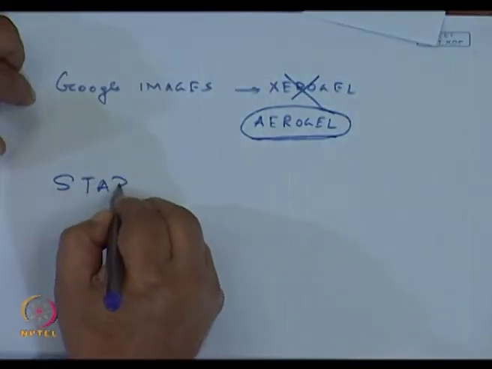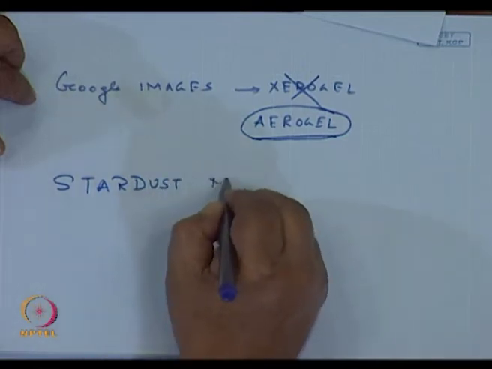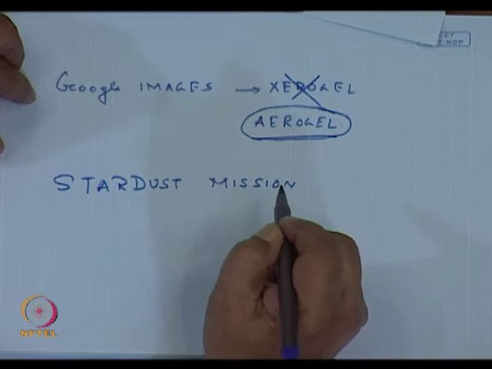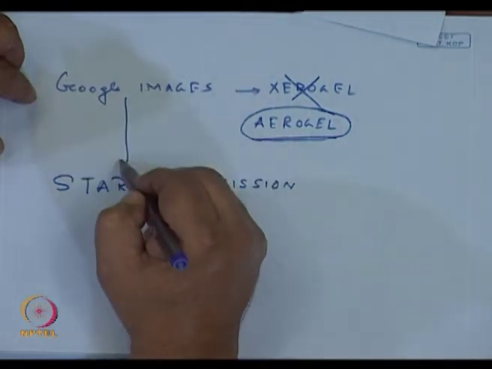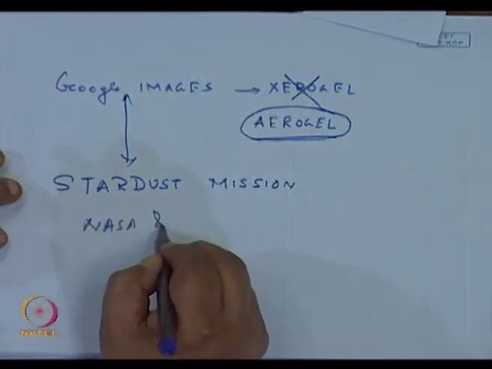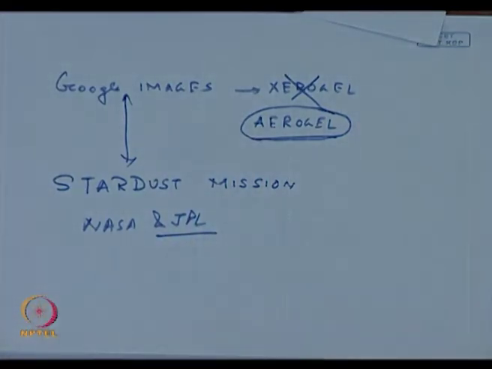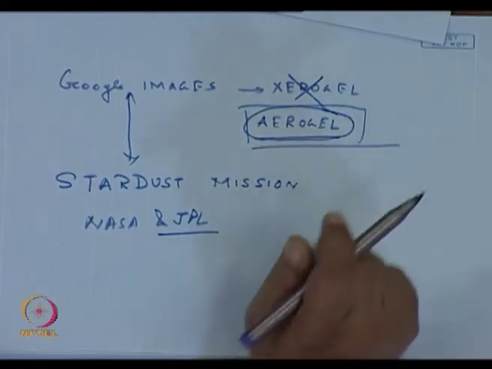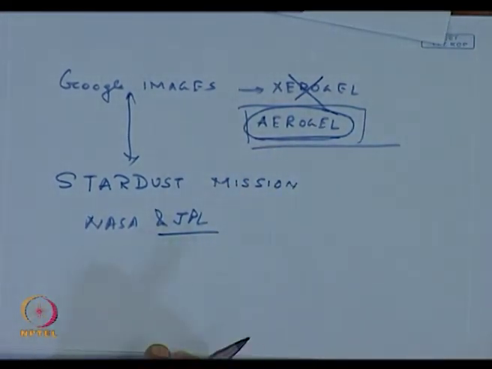In fact, if you Google Stardust mission, under Google Images, you will find that NASA and JPL, Jet Propulsion Laboratory, has just concluded a Stardust program where they sent up a sheet of aerogel up in space to collect remnants of space dust micrometeorites which would hit it, and they brought it back for analysis.